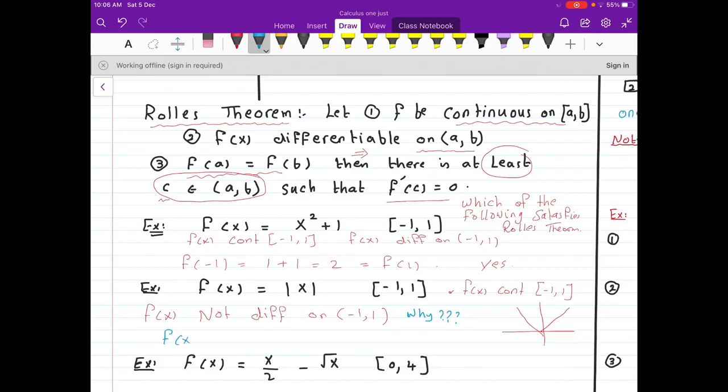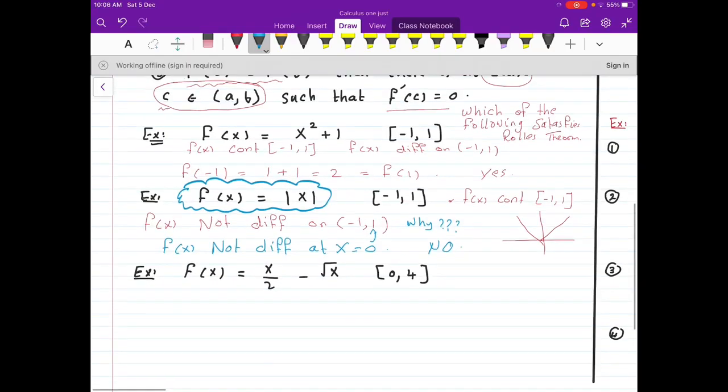Since f x not differentiable at x equal 0 بالرغم انه الشرط الثالث f minus 1 equal f 1. So هل هذا الفانكشن يحقق الرولز theorem? The answer yes or no. So we say no. So this function does not satisfy Rolle's theorem since it is not differentiable at x equal 0 and 0 in this interval.